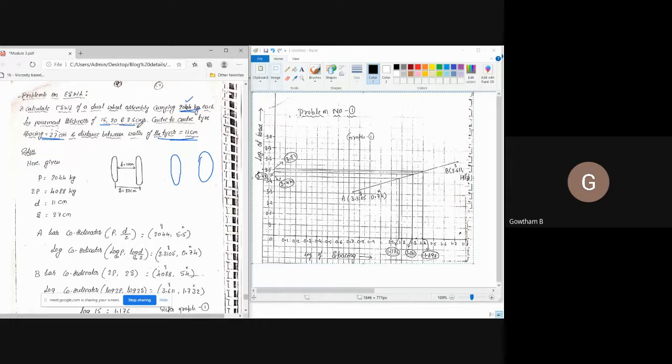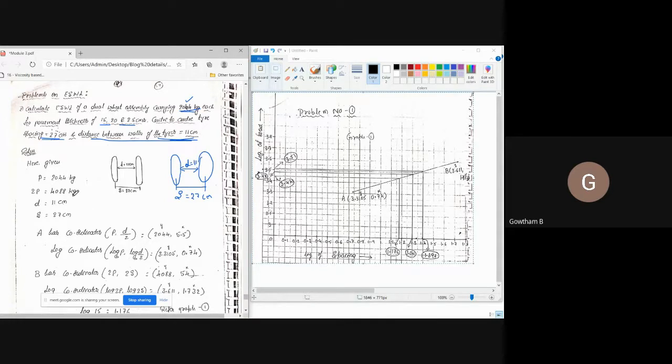Center to center tire spacing, designated as S, is 27 centimeter, and distance between the walls of the tire, D, is 11 centimeter.